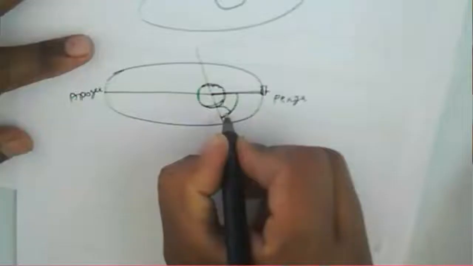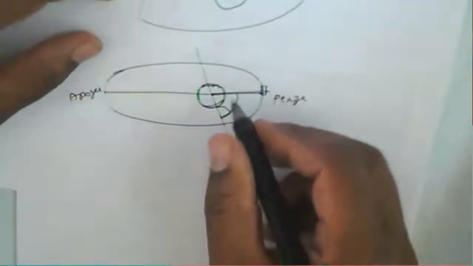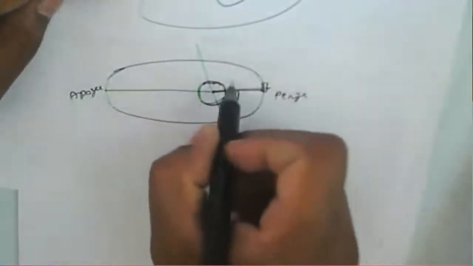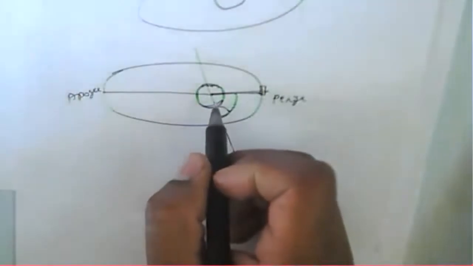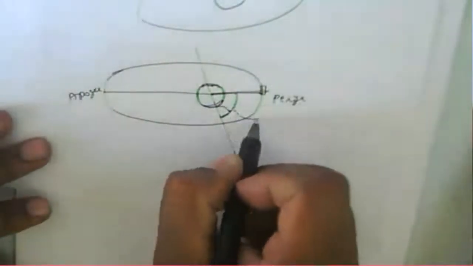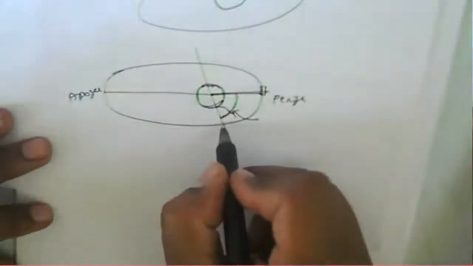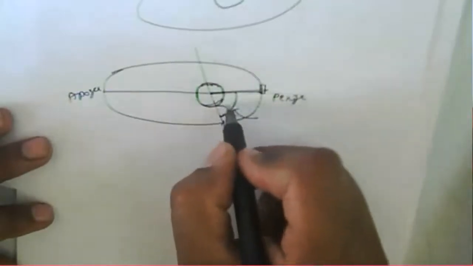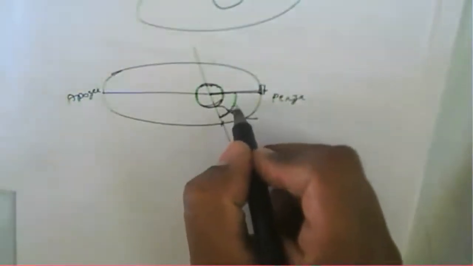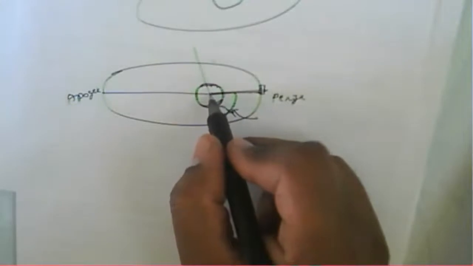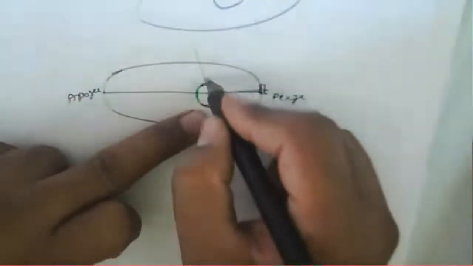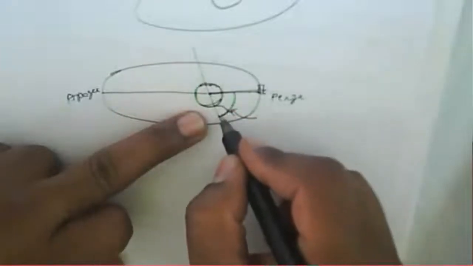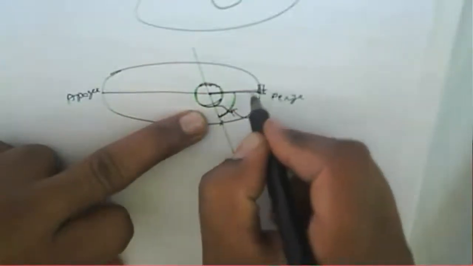Then there is the line of nodes, where ascending and descending changes. The argument of perigee will change because of the shape of this particular orbit, because of the perturbation. The argument is the angle from the ascending node to the line joining the center of the earth to the perigee.